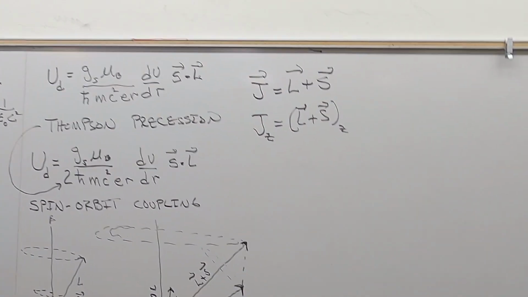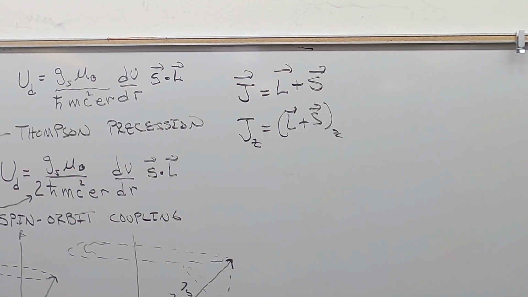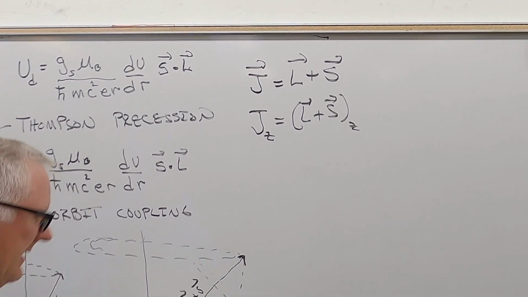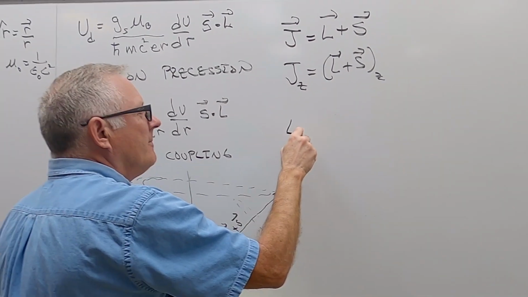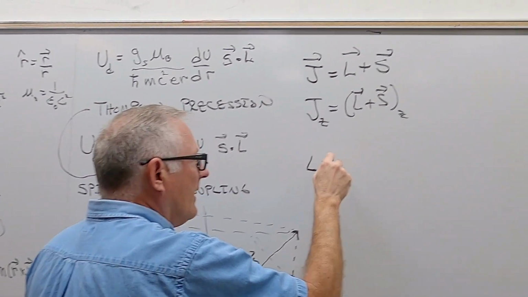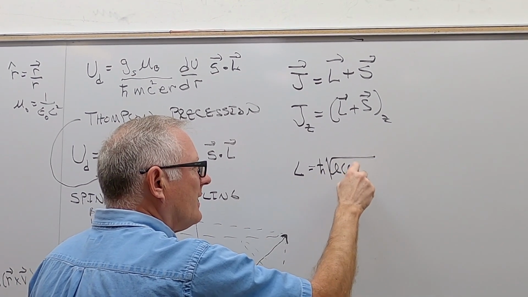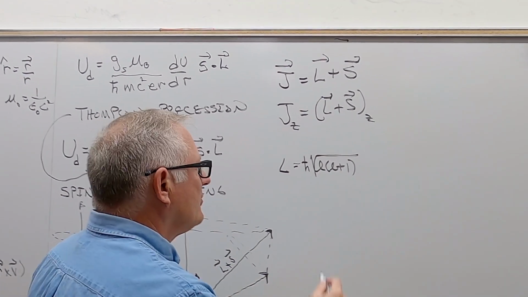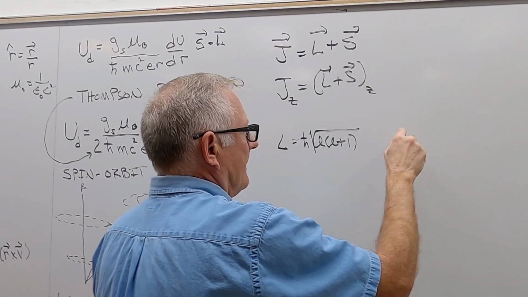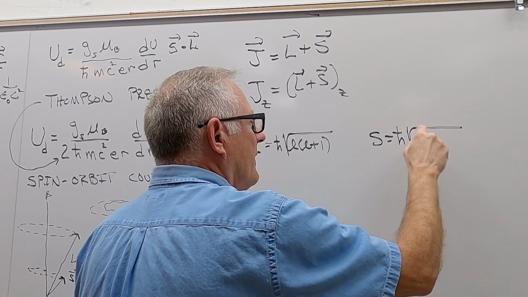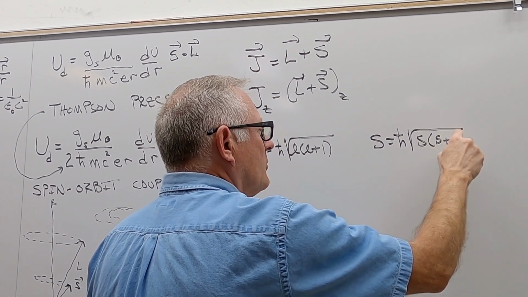Okay, so now, what do we have? If we go back to all of ours, what did we say? We said before that L is equal to ħ times the square root of L times L plus 1. We also said S was ħ times the square root of S times S plus 1.